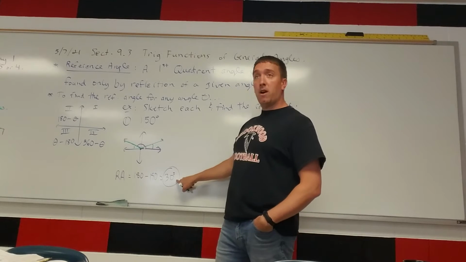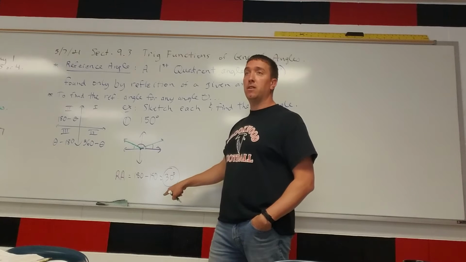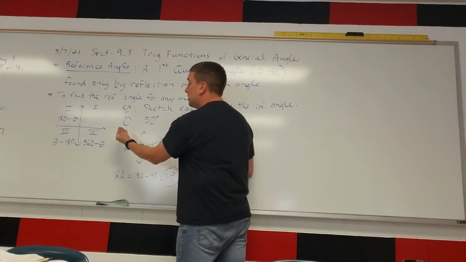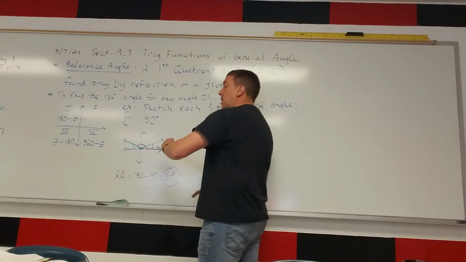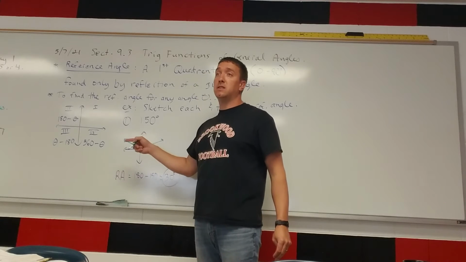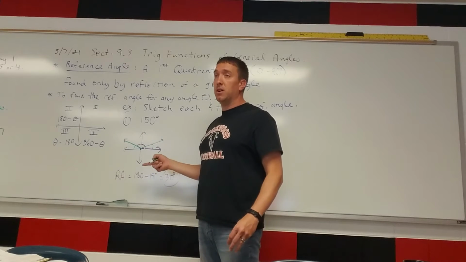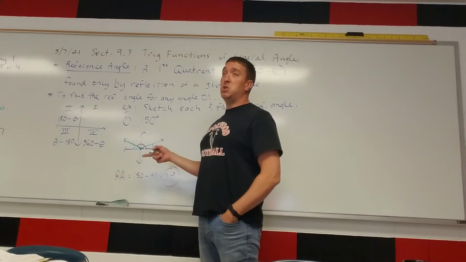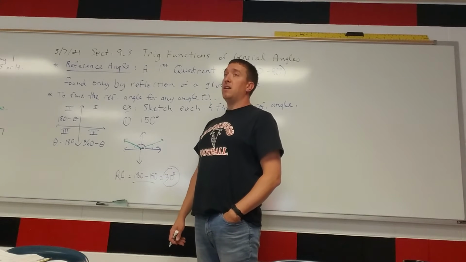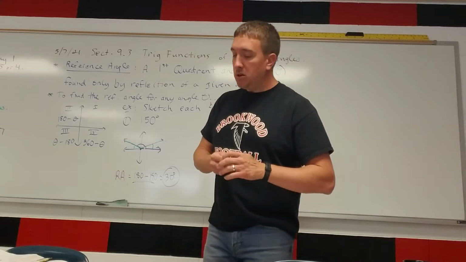So do you understand where the 30-degree angle comes from? And it's true for anything in quadrant 2: if you take it and reflect it over here, you're going to get its same distance above the x-axis, and that distance above the x-axis in the first quadrant is how you actually measure a first quadrant angle. How you get it is you just subtract it from 180. Easy enough, yeah?